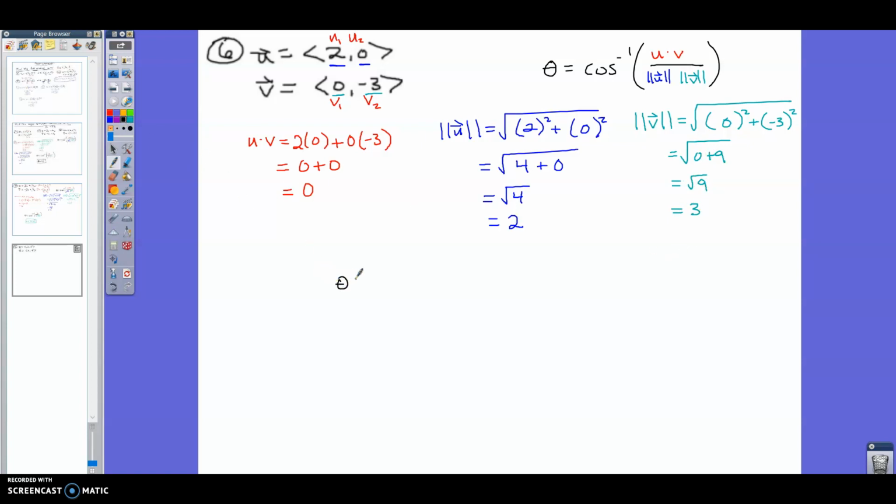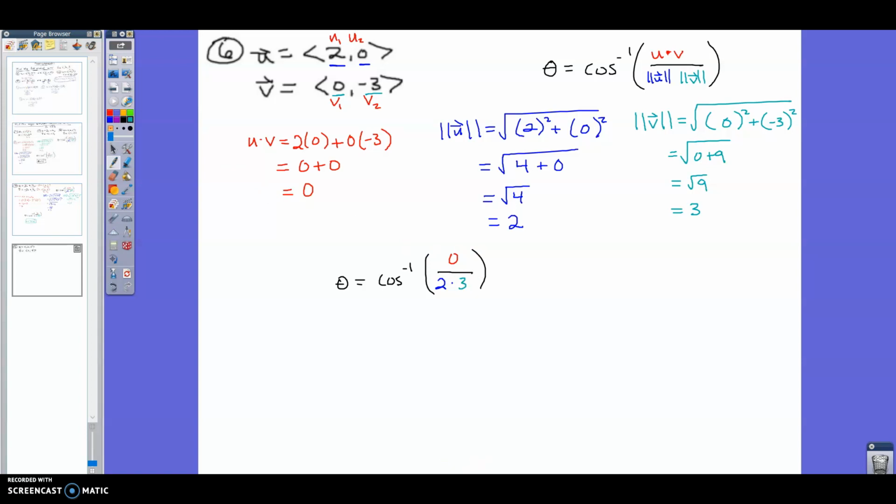So if we plug everything into the formula, we'll be able to calculate the angle between these two vectors. So we're going to take the inverse cosine of our dot product, which was 0, and divide it by the magnitude of u times the magnitude of v.